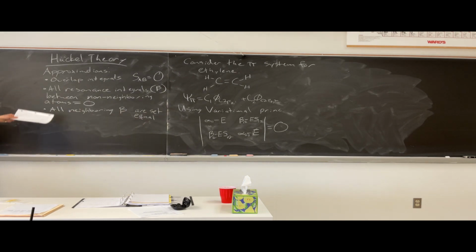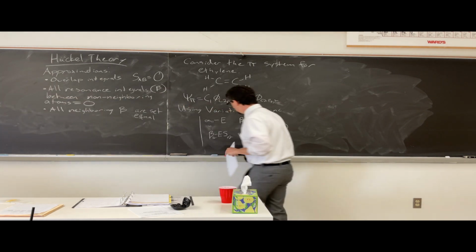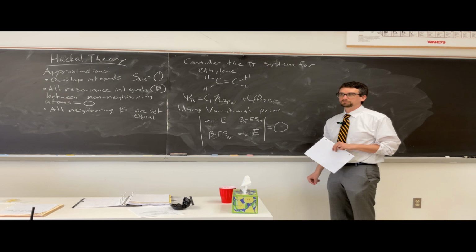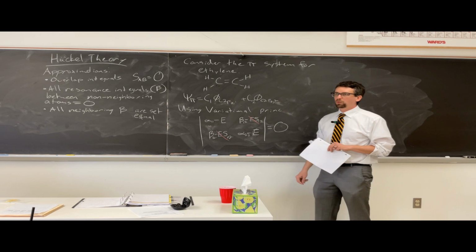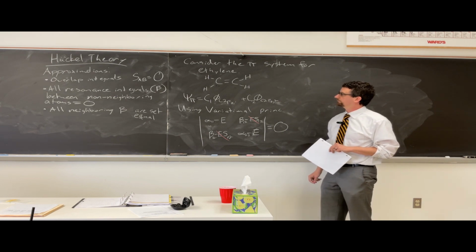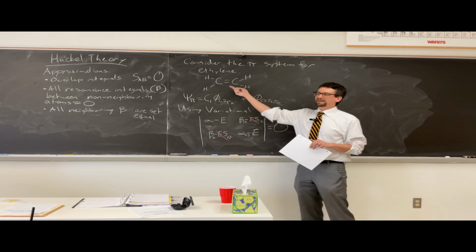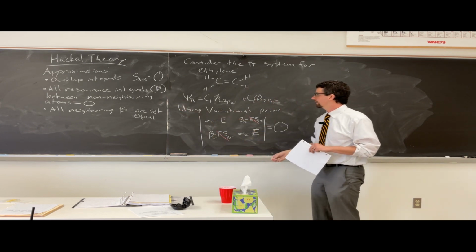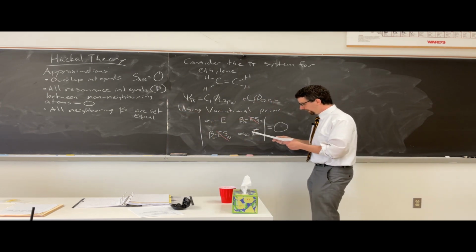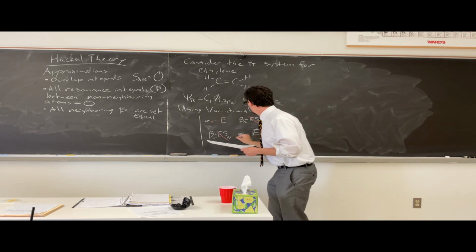Now, Huckel approximations. SAB, what's it set to? 0. Okay? So what's going to change in here? Those go away. What else has changed? These two are right next to one another, so that second one, nothing really changes there. Yep. The betas are equal to one another, and we don't have to worry about these labels.